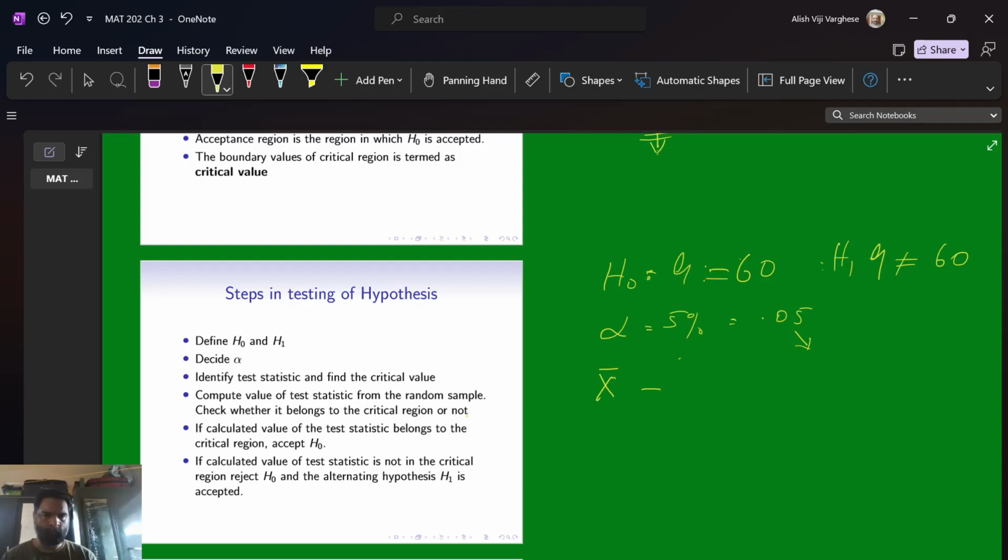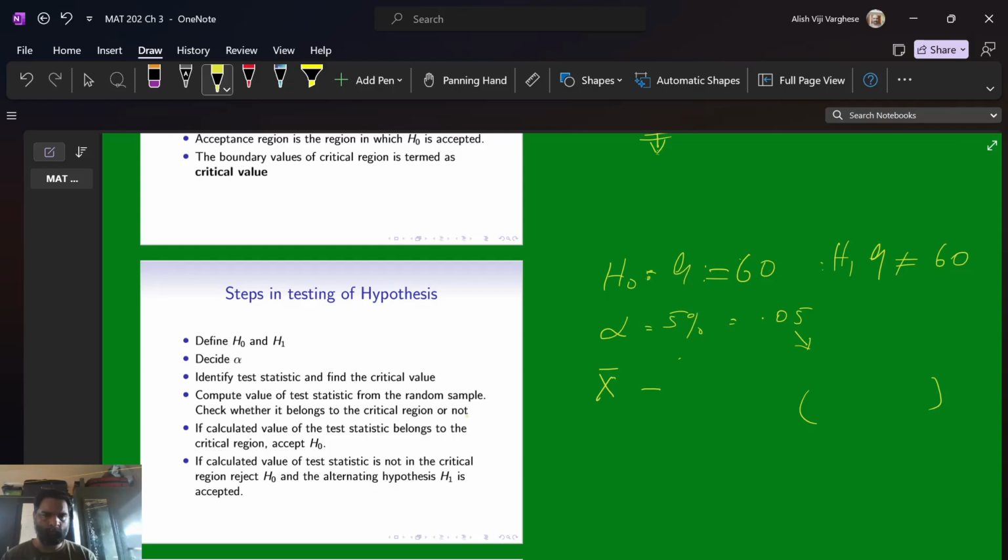Then, based on this distribution of X bar and significance level, we can have a critical region. If the value of the statistic falls into the critical region, then we reject the null hypothesis and accept the alternative hypothesis. And if it falls outside the critical region, or inside the acceptance region, then we accept the null hypothesis and the alternative hypothesis is automatically rejected.